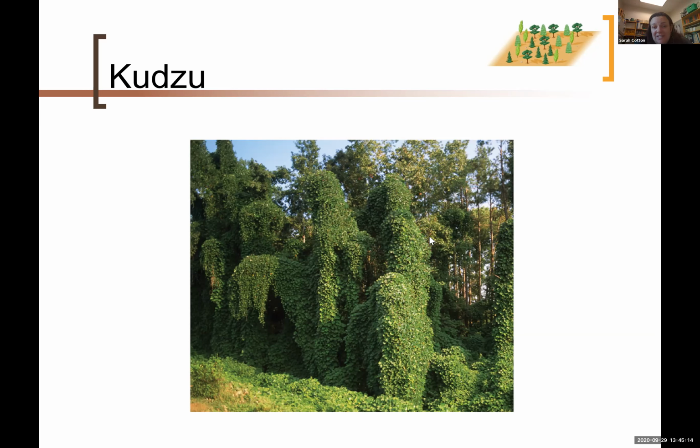And it is so successful there that, once again, it doesn't have natural predators. Right? The habitat here is different than it is in Japan, so it's not kept in check here. And so it grows all over everything. And so trees die because the kudzu literally consumes them. The kudzu grows over top of them. It's so fast growing that it grows over top of them so that they can no longer photosynthesize.